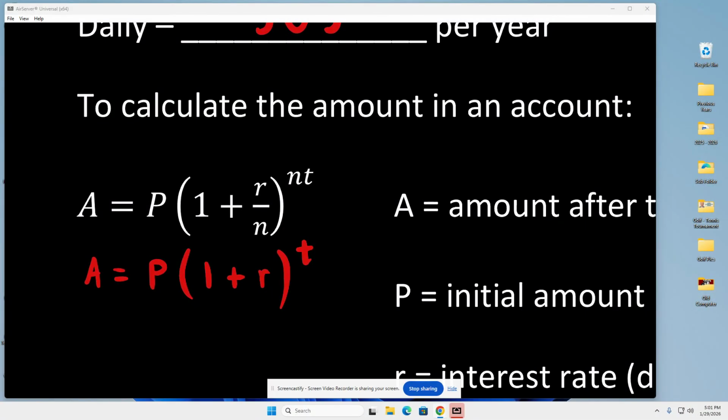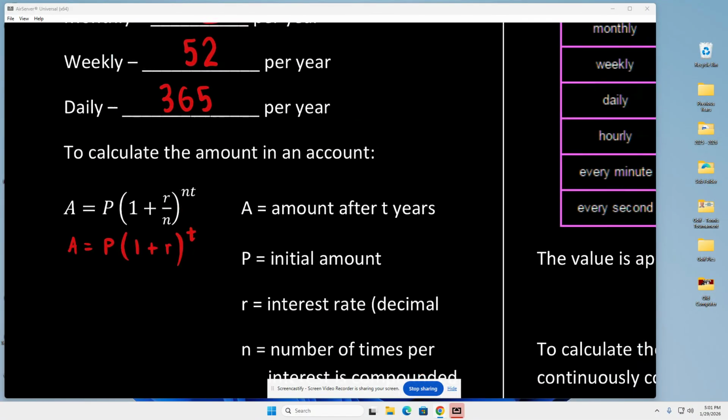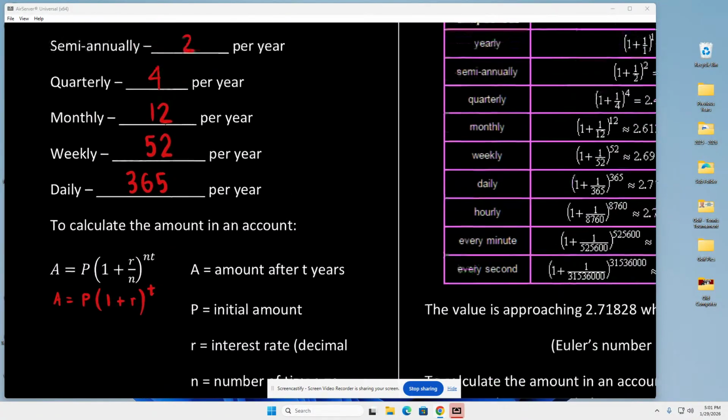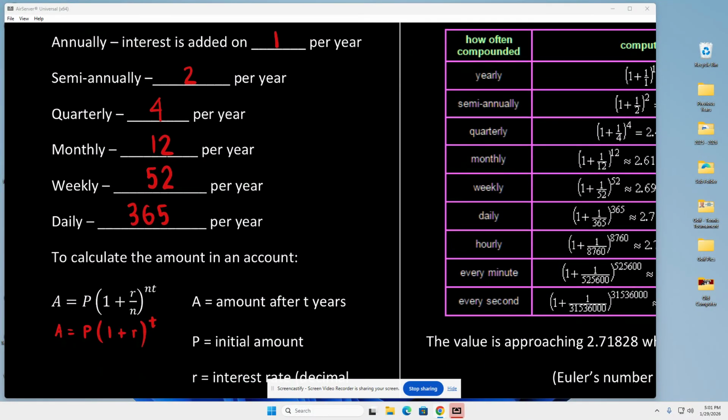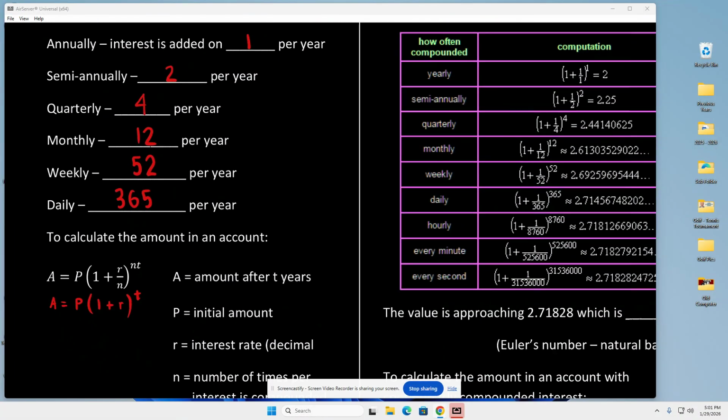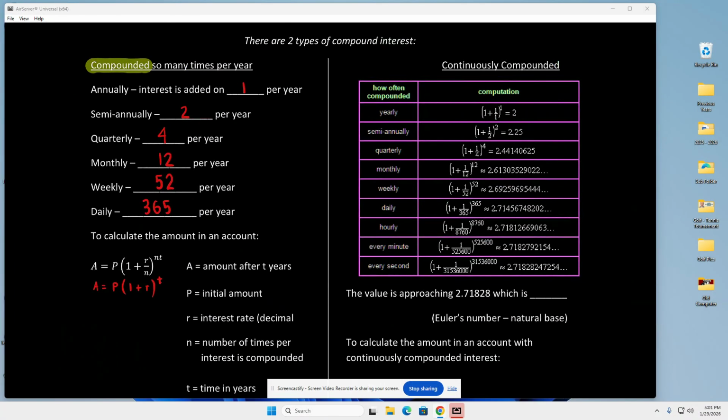Please commit that to memory. Everything else, whether it's semi-annually, quarterly, monthly, weekly, or daily, you're going to get a little better outcome because your money is being compounded more often every year. So it's better, okay? It's better.